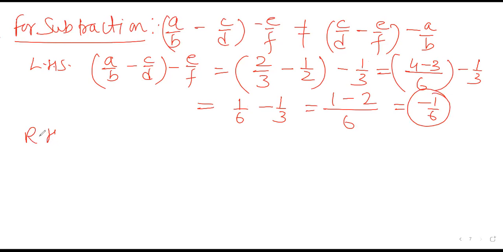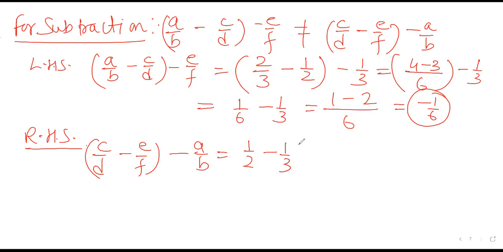Let us try to solve the RHS. That is C upon D minus E upon F minus A upon B. Putting the values, 1/2 minus 1/3 firstly, then minus 2/3.